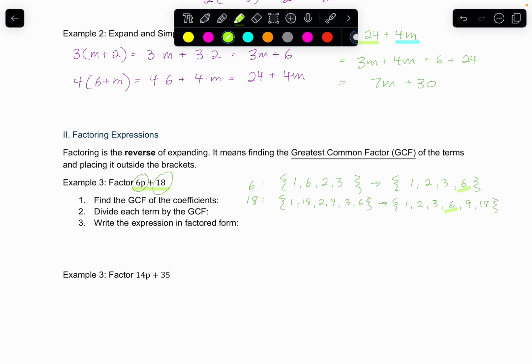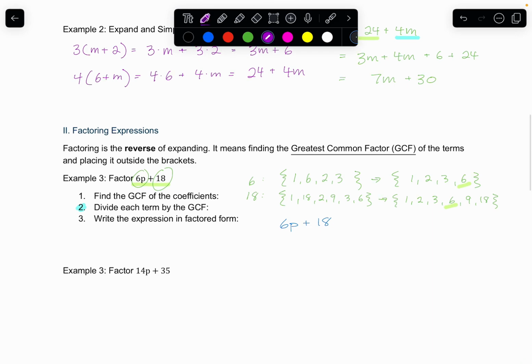Now, step 2 says divide each term by the greatest common factor. And let's see what that looks like. So our terms look like this, 6p plus 18. But it wants us to divide each term by the greatest common factor. And we do it almost like a fraction.